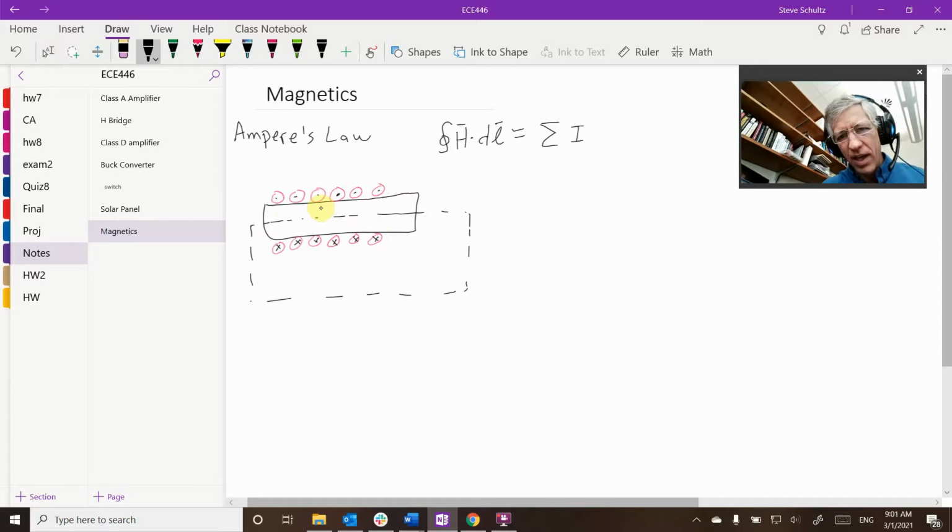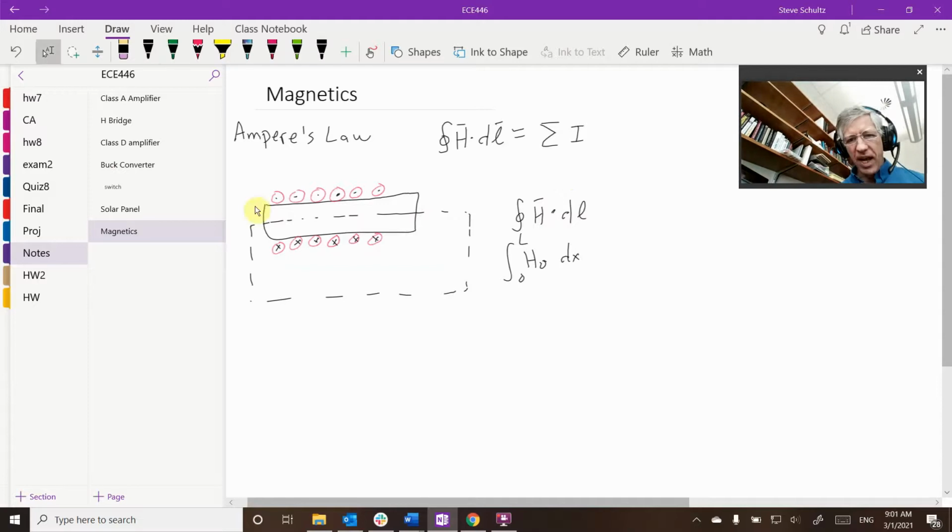And so this H dot dl is going to be broken up into these different regions. So first of all, this region in here, we're going to assume that my magnetic field is in the same direction as my line. So this is just going to be some H value, we'll just call it H0, times dx, and then we're integrating that from 0 to the length.